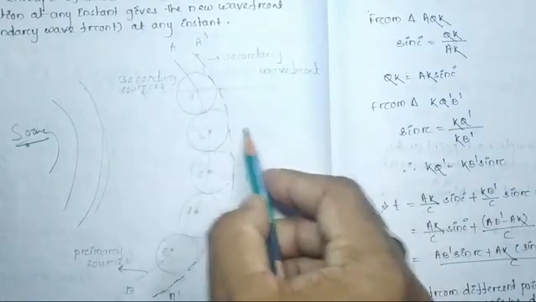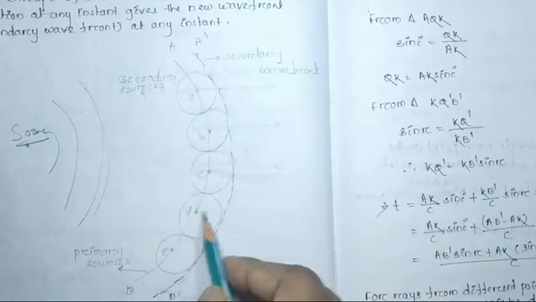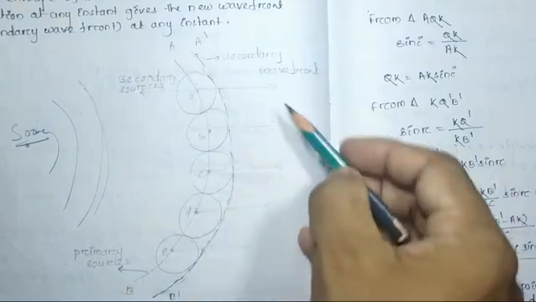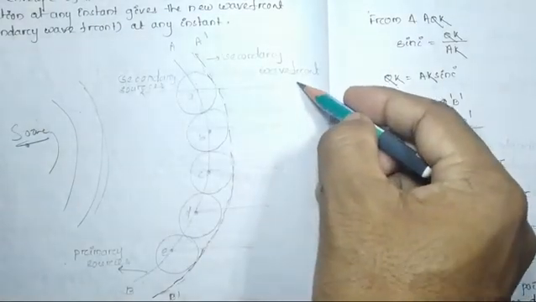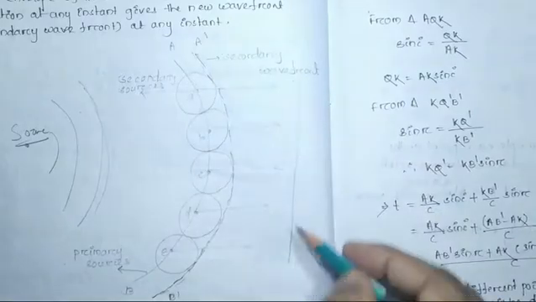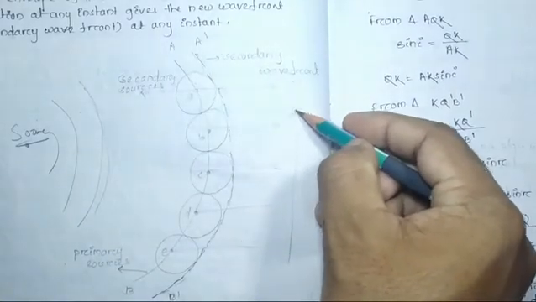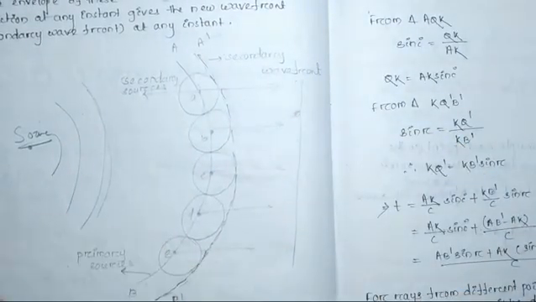Imagine the light is passing like this, and if it is diffracted and superimposed with each other somewhere on the screen, then we can find the so-called interference pattern.